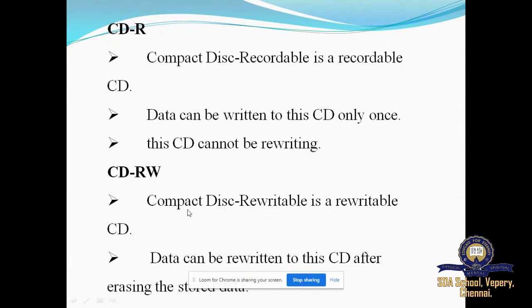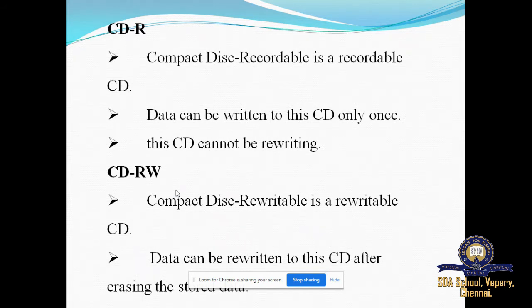CD-RW means compact disc rewritable. It is a rewritable CD. In this rewritable CD, data can be rewritten to the CD after erasing the stored data.